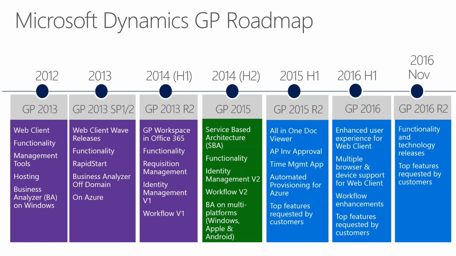We're going to be targeting a lot of our conversation today around 2015 and 2016. And by way of note, GP 2016 R2, believe it or not, is already on the roadmap, and it's looking to be either November of this year or potentially early next year.